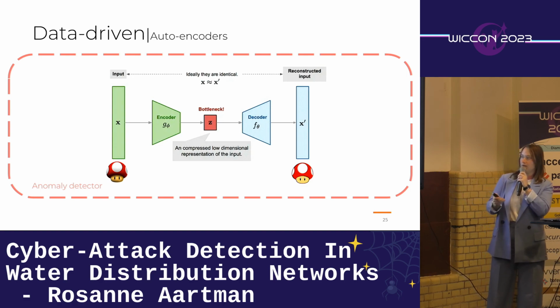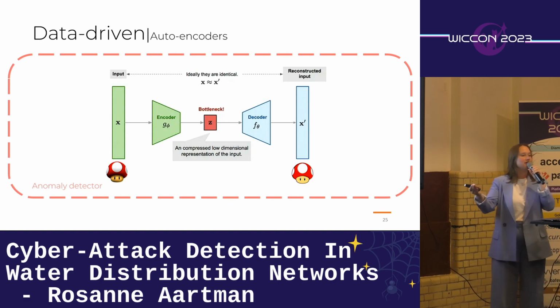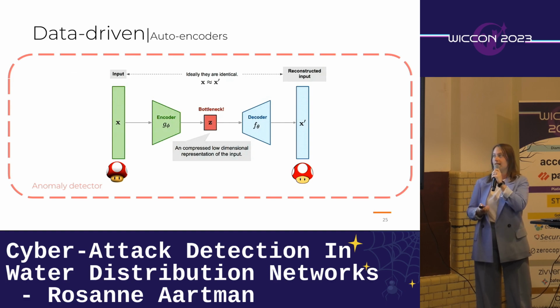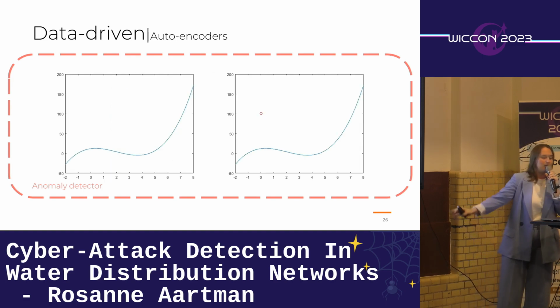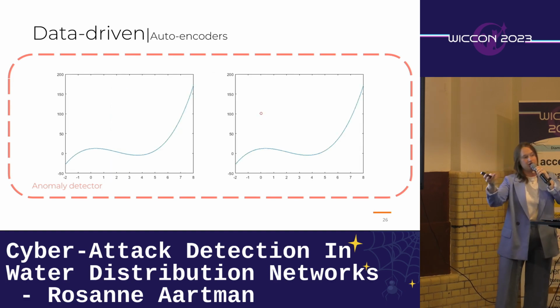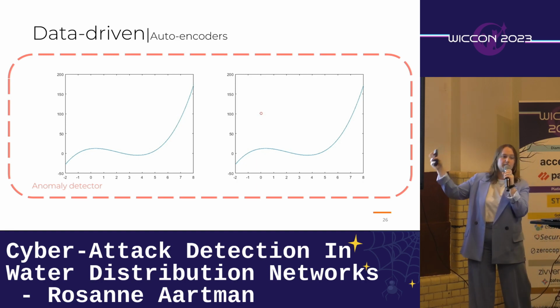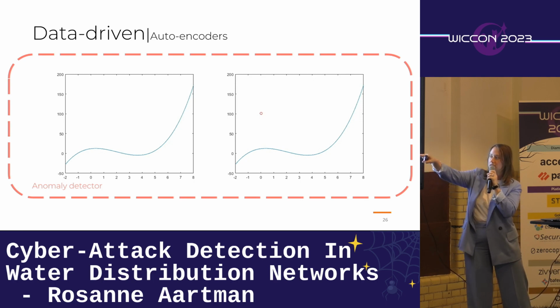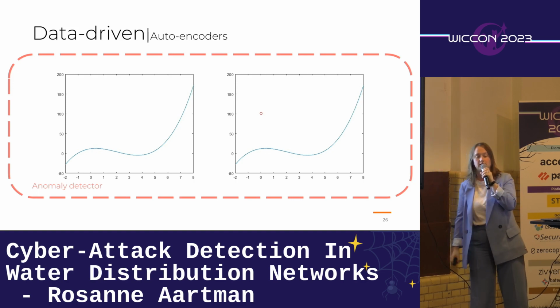So now moving on from this picture to the water distribution network. So say, for example, we have a certain function. Our autoencoder knows, when having certain input signals, it can reconstruct the points on this nonlinear function.